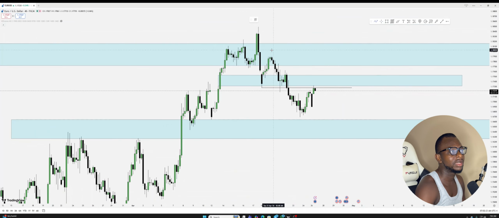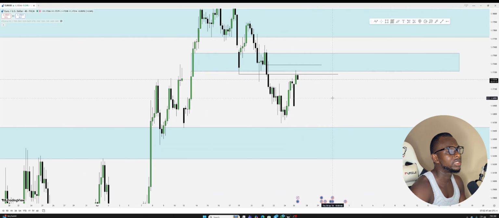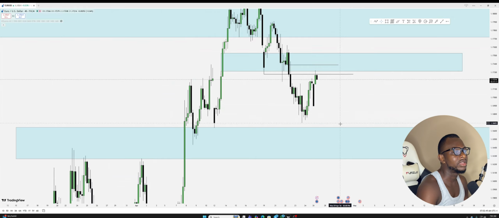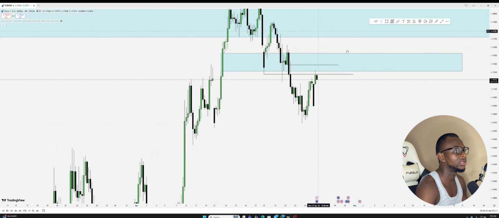Initially, that fair value gap was supposed to hold price and take it to the upside, but instead we had a failure swing, and price has already tapped into that. So let's see if it's going to hit more into that area. Then I'll be happy to short it, right? So I'll keep my fingers crossed, and we have this other order block right here as well. And then I'll keep watching and see what happens next, right?